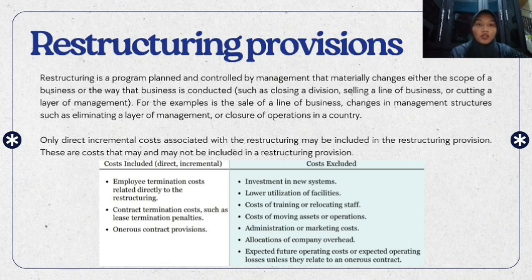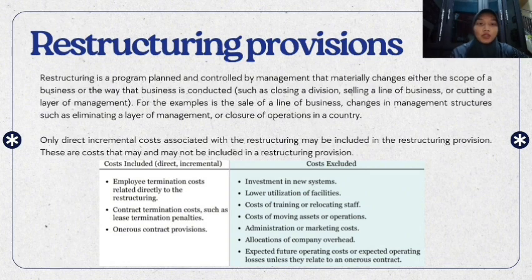These are costs that may and may not be included in the restructuring provision. The costs included, or direct incremental, are employee termination costs related directly to the restructuring, contract termination costs such as lease termination penalties, and onerous contract provisions.